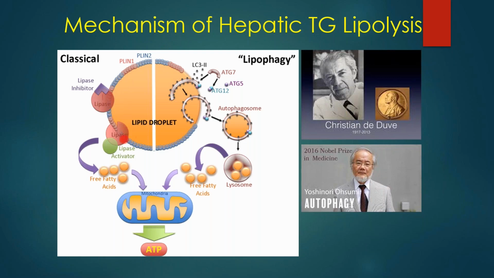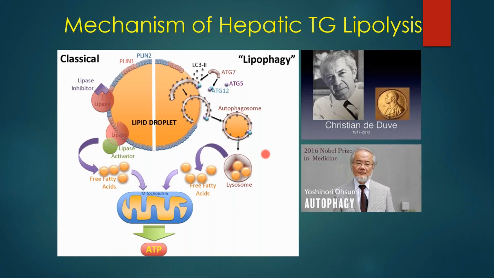Now, classical lipase works in the cytosol. So the lipases are all in the cytosol, and the process is in the cytosolic compartment. But for autophagy to degrade lipid, it goes into the lysosomes. Now lysosomes, we all know, are basically the degrading suicidal bag. It's called a suicidal bag because there are a lot of enzymes which, if burst open, can kill the cells.